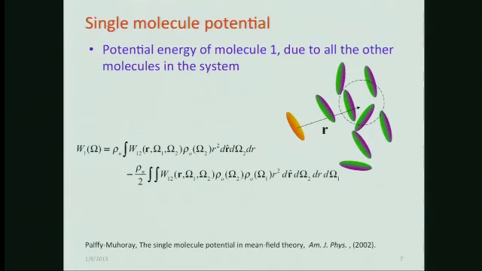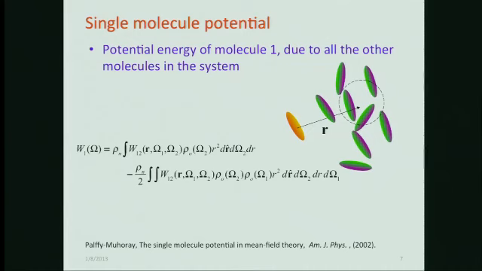At the end, you have to subtract half of the total energy of the whole system. Peter, in his paper in 2002, discussed why you have to subtract half of the whole energy, because if you do not do that, you won't have the correct form of the free energy.